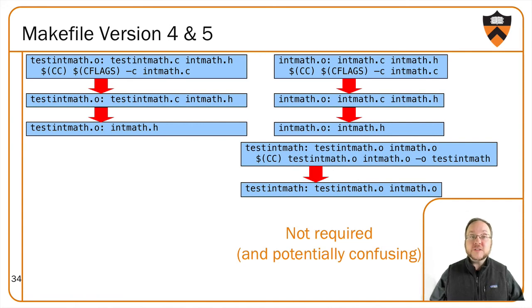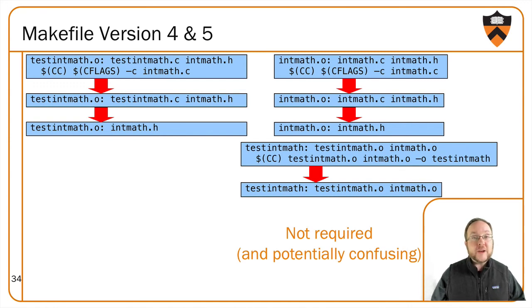So our .o rules lose their commands, and then, even furthermore, they lose their .c prerequisites. So testintmath.o gets made by a command we don't see, out of just intmath.h as far as we can see. Because Make knows that testintmath.c would be used to produce testintmath.o, and it knows that we would use gcc217, in this case the $(CC) command, with a -c to go from a C to an O file.